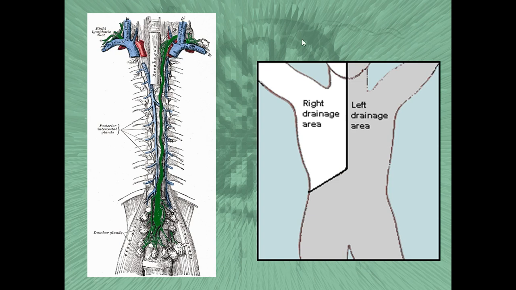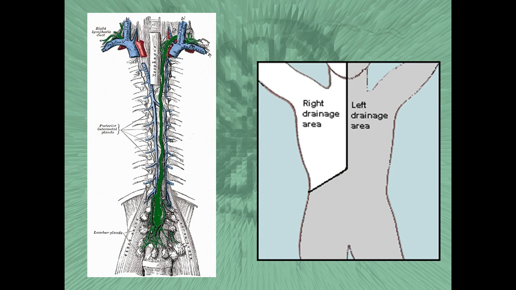After that, the thoracic duct rises up, piercing the diaphragm in the region of the aortic hiatus, and enters the posterior mediastinum. It passes upwards and in the thoracic cavity receives one more tributary, which is the left bronchomediastinal trunk.